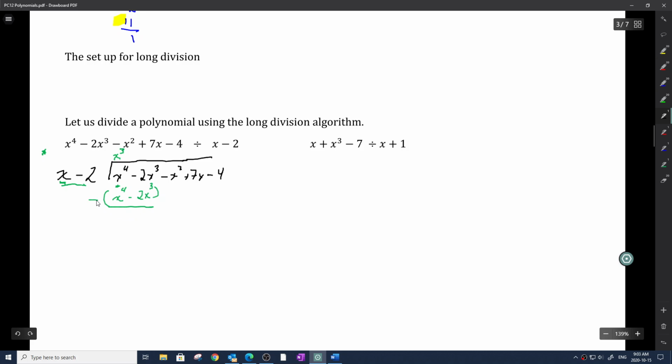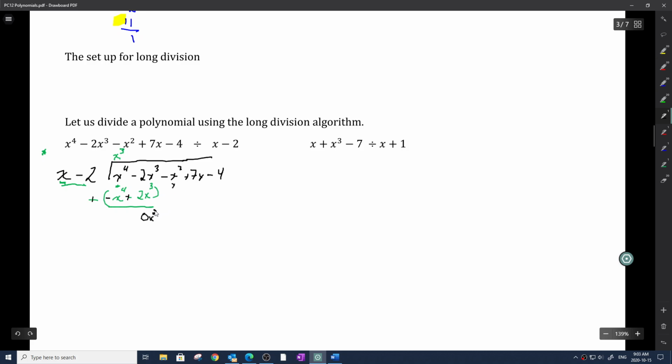So what I do, instead of subtracting, I change this to an addition sign, and I make the thing that I'm subtracting the negative. So now I can just add those, x to the power of 4 plus negative x to the power of 4, that's 0. Negative 2x cubed plus 2x cubed, well, that's just 0x cubed.